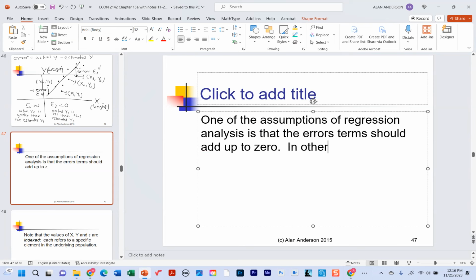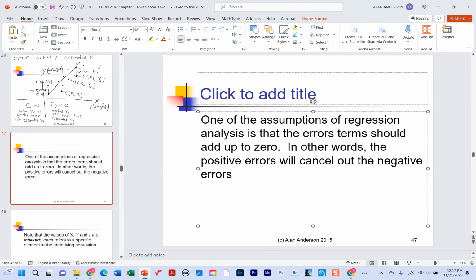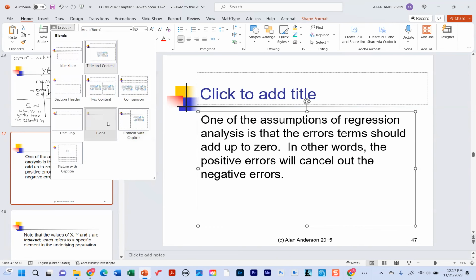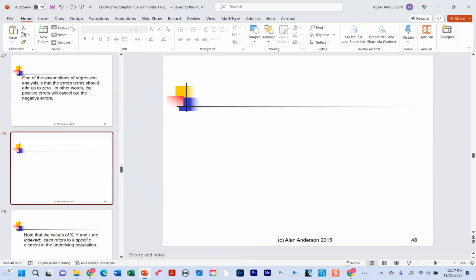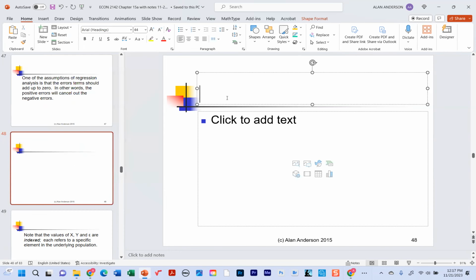In other words, positive errors will cancel out the negative errors. Let me give you an analogy for this. I like analogies.